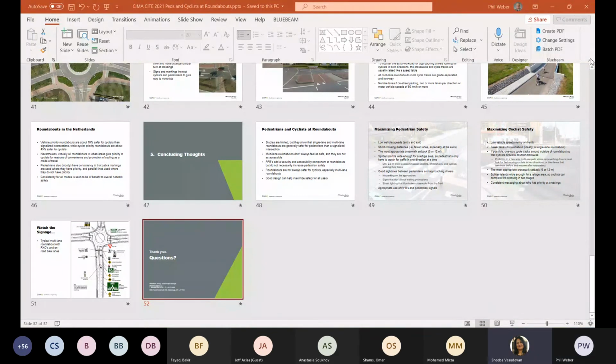Yeah, thank you, Weber, for a nice presentation. It was really very informative. So I have a few questions. Number one is that, as you mentioned, at a roundabout, if we install a PXO, cross ride is not allowed or prohibited.